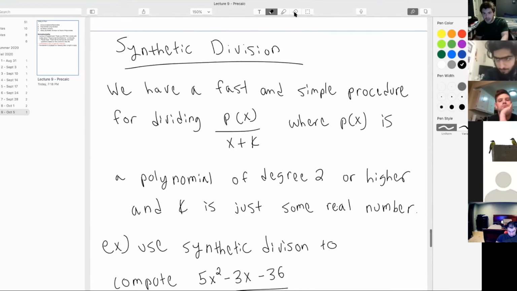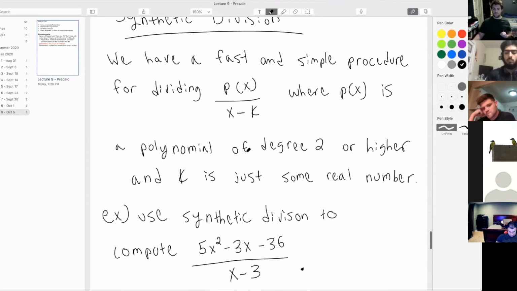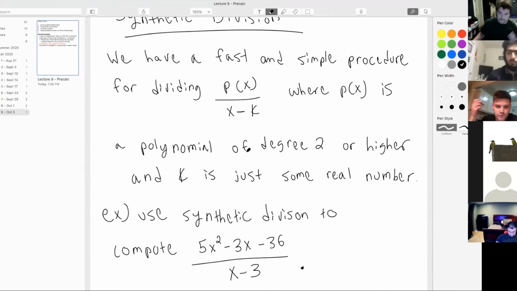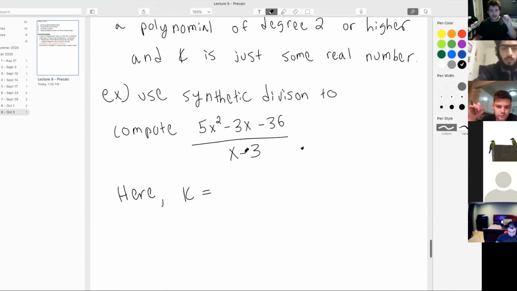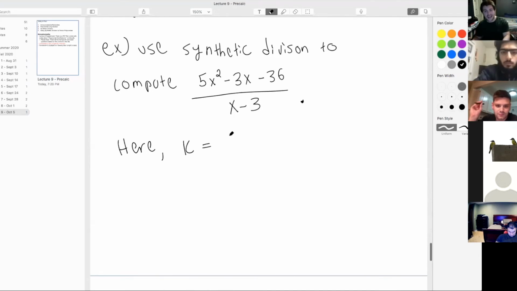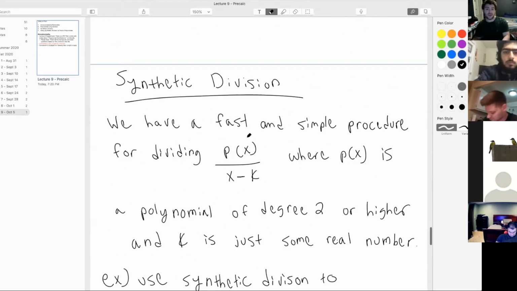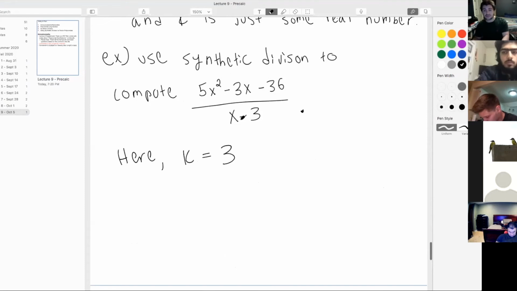I actually made a mistake. I should have written x minus k up here. Excuse me for that. If you wrote that down in your notes, go and fix that. Change the x plus k to x minus k. I'm sorry. So in this example, k is 3. We have x minus a number, and that number here is 3.